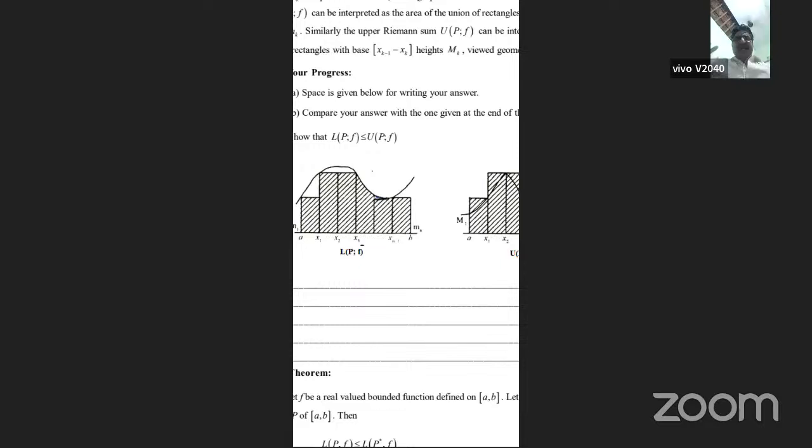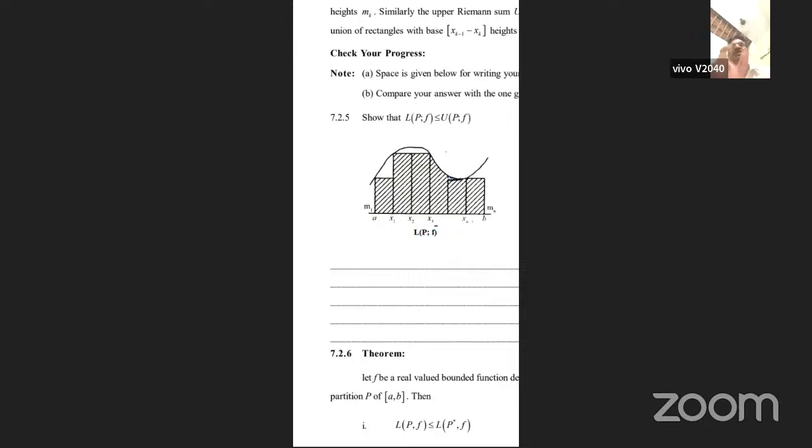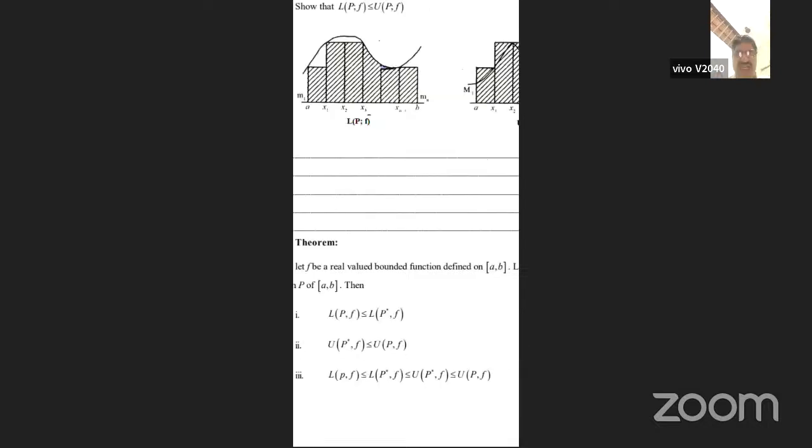Especially you have to see 7.2.5 through the geometrical interpretation. According to the geometrical interpretation, lower Riemann sum is always less than or equal to upper Riemann sum. Now, this is not necessary here, especially because of lack of time.